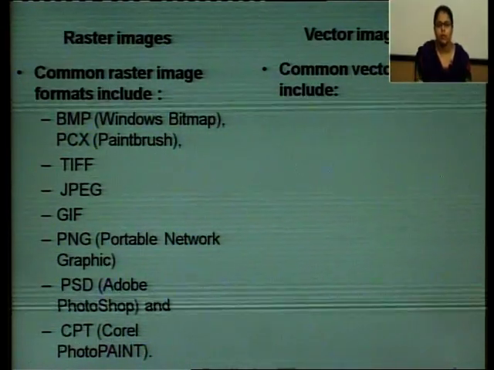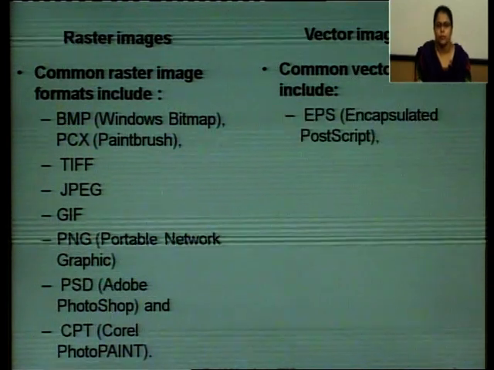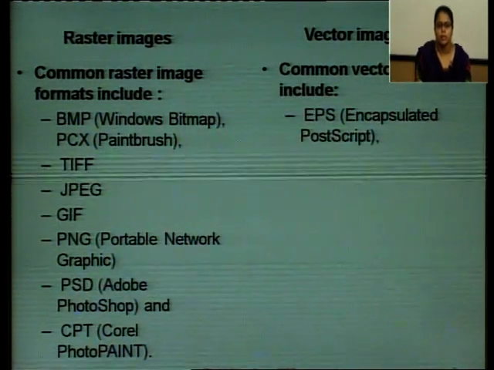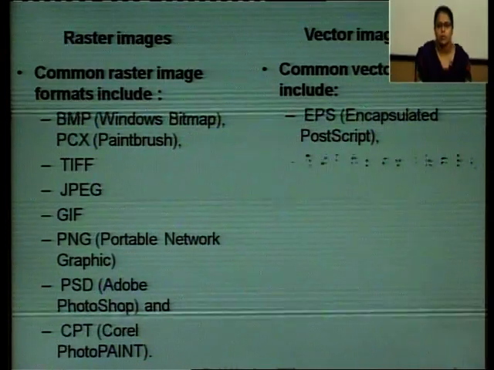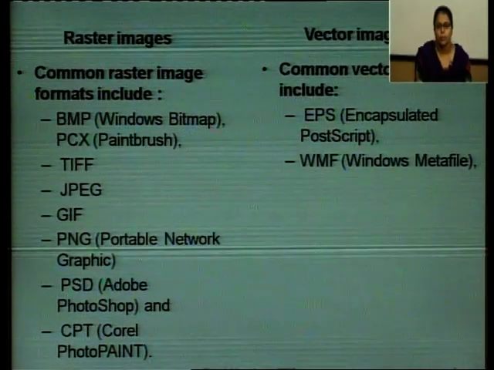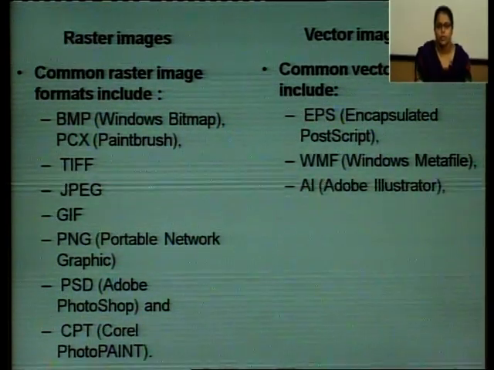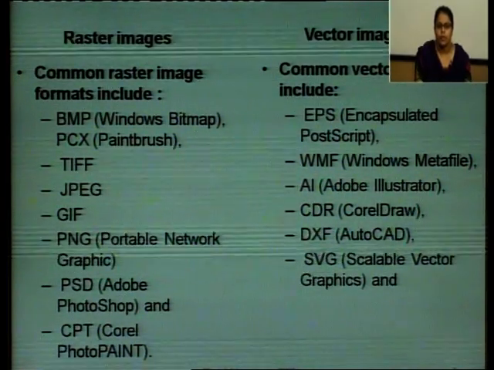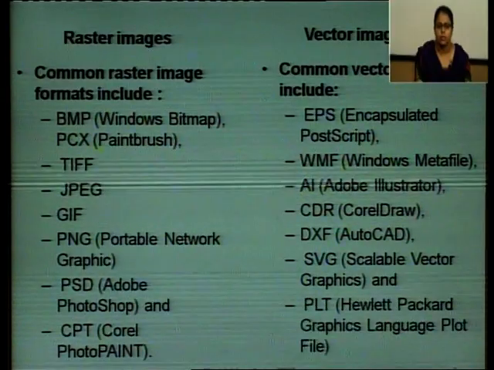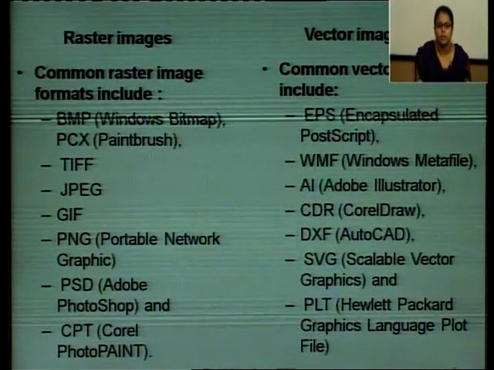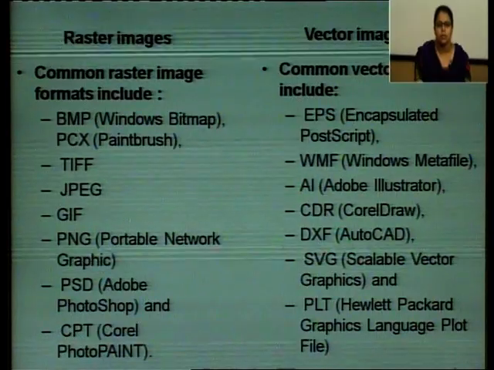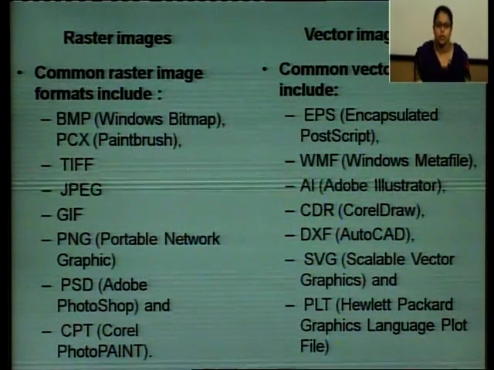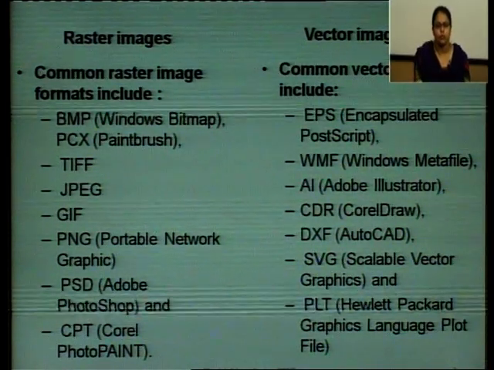And similarly, the common vector formats include EPS, that is Encapsulated PostScript, WMF, Windows Meta File, Adobe Illustrator files, Corel Draw files, DXF, SVG Scalable Vector Graphics, PLT Hewlett Packard Graphics Language Plot File. So these are some examples of the raster image file formats and vector image file formats.